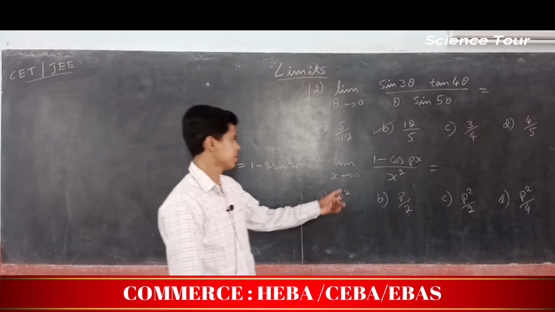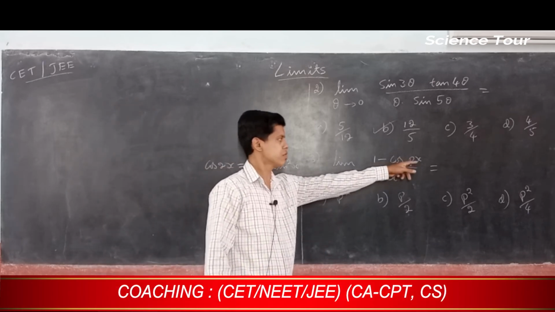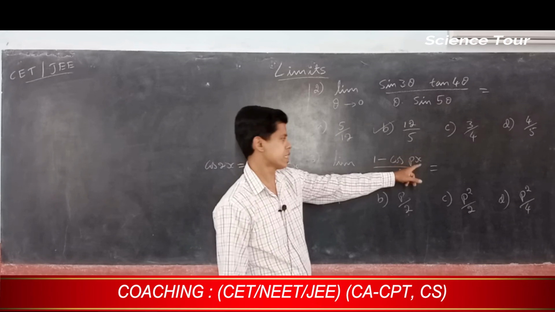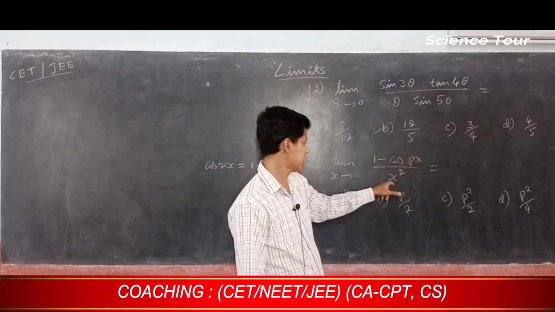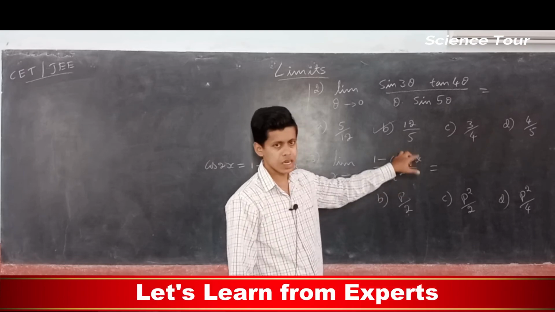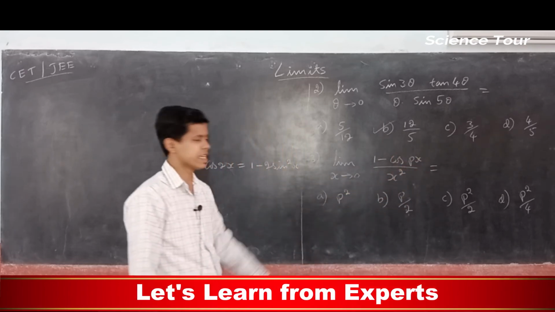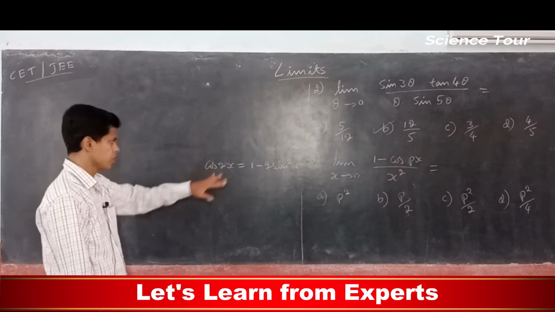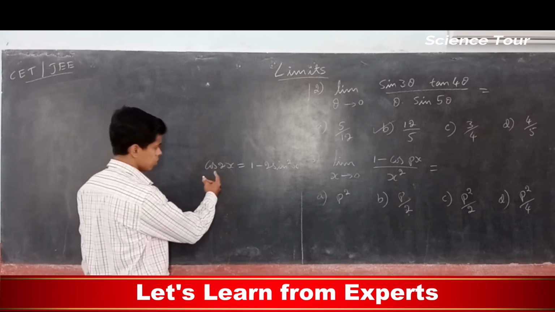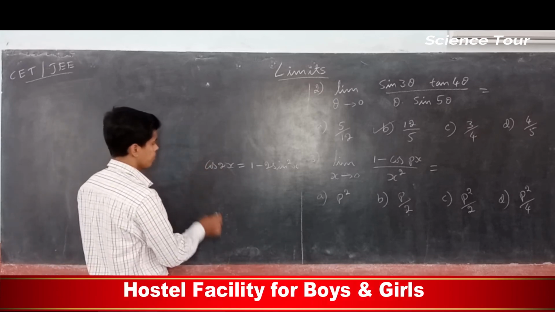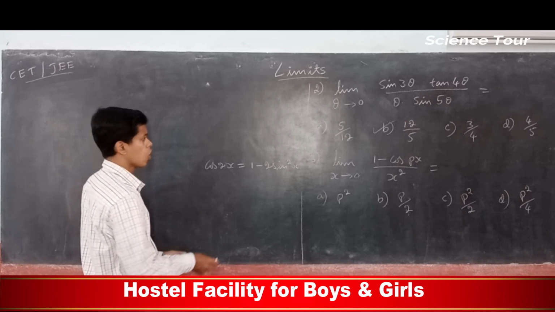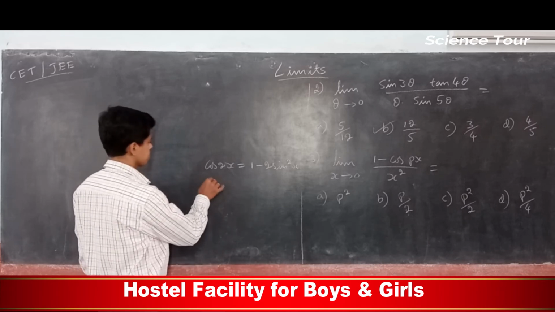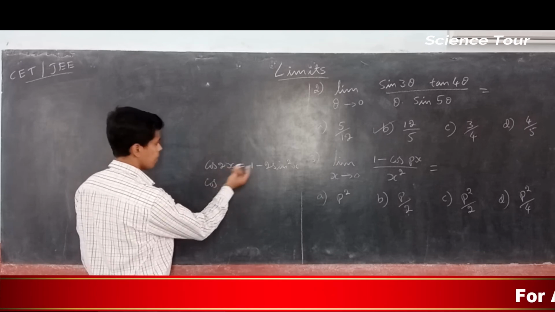See, if you put 0 in place of x, then what will happen? Let us check that first. If you put 0, cos 0 is 1, 1 minus 1 is 0, and denominator will be 0. So, you will get 0 by 0. So, directly you will not get any of these answers. So, look at the formula here, cos 2x. Now, what is cos px?